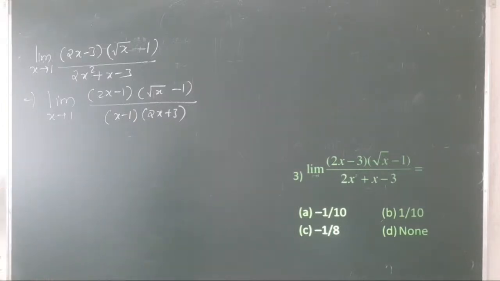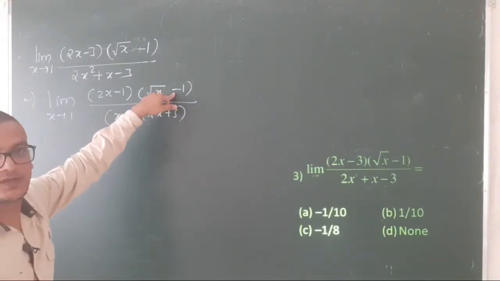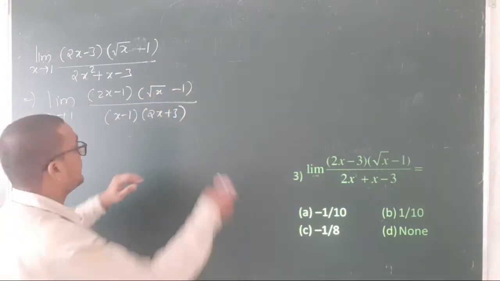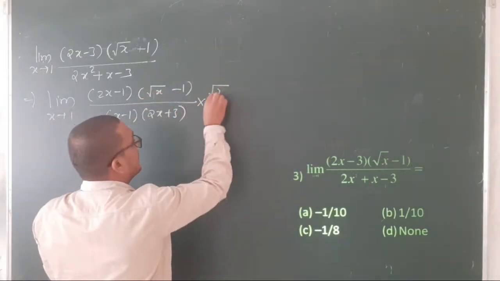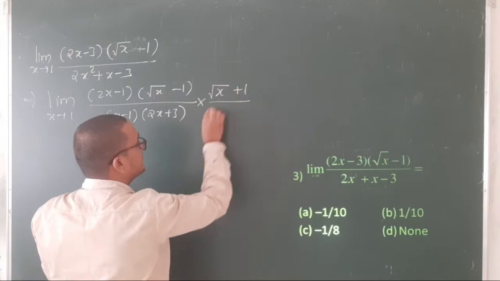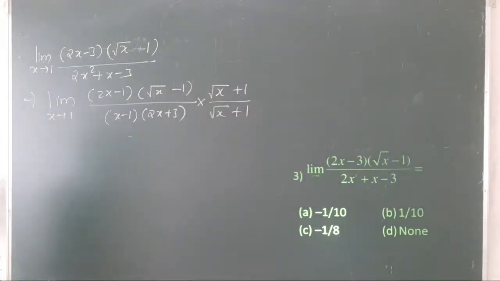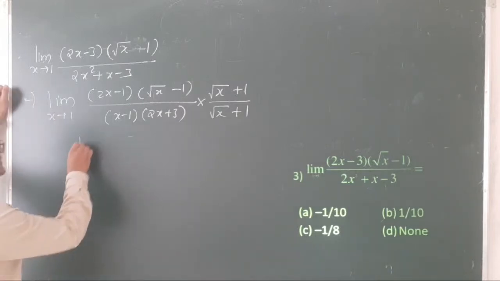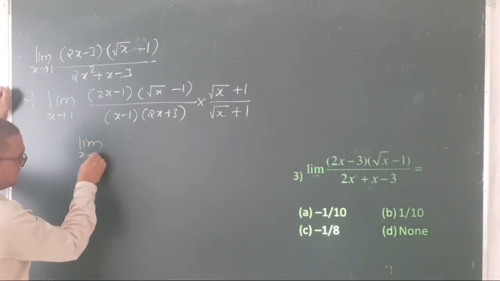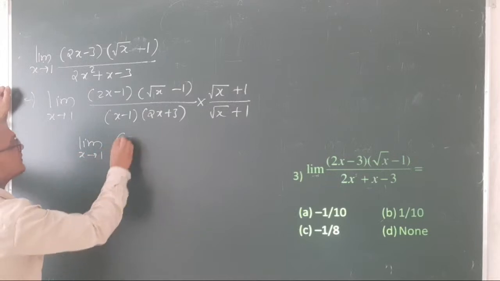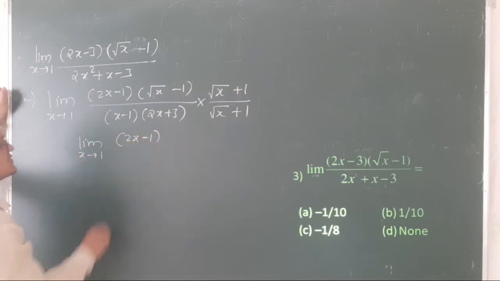See what we can do then. Here I have root x minus 1. Let me rationalize: I'll multiply and divide by root x plus 1. Now limit x tends to 1, 2x minus 3 as it is.